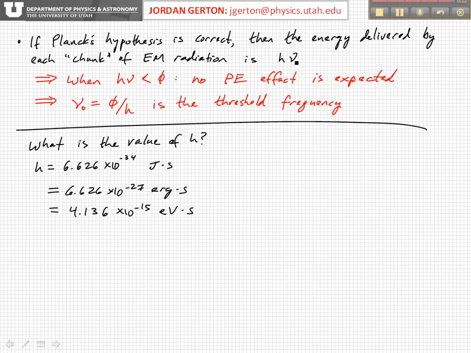So we now see that since this number, Planck's constant, is so small, it made it very hard to detect, basically, that light comes in chunks.